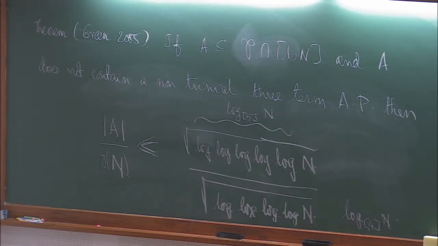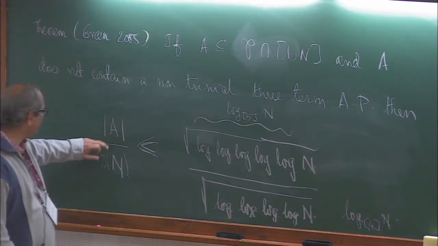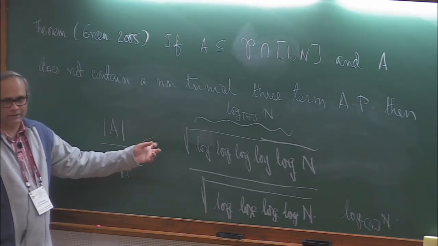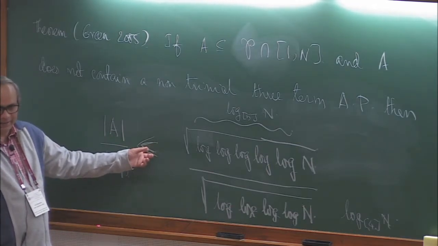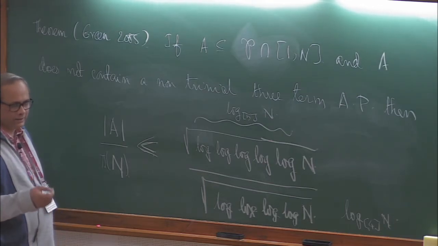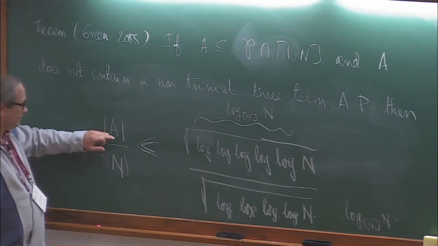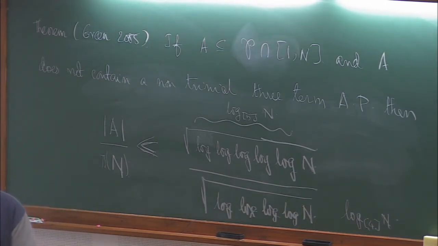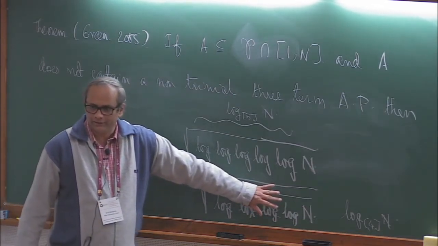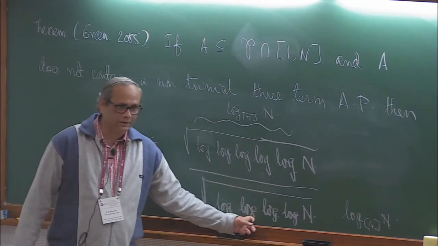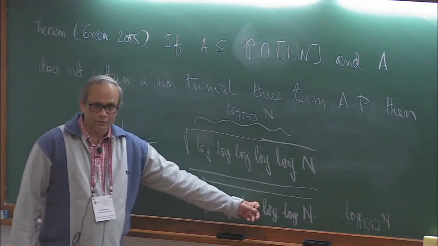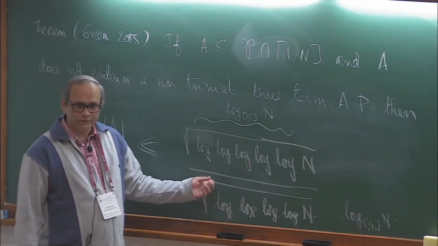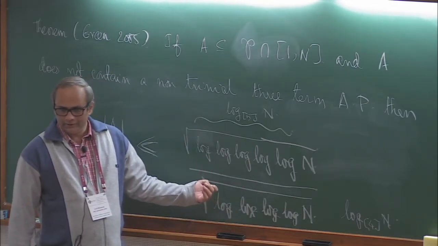Okay, so it follows from this, of course, that if n is large enough and A is greater than delta pi n, so it contains a positive proportion of the primes, then A will contain non-trivial 3-term arithmetic progressions. Okay, because a set of positive density does not satisfy this inequality, because this is a quantity which is going to 0 with n, even if it's going to 0 very, very, very slowly.